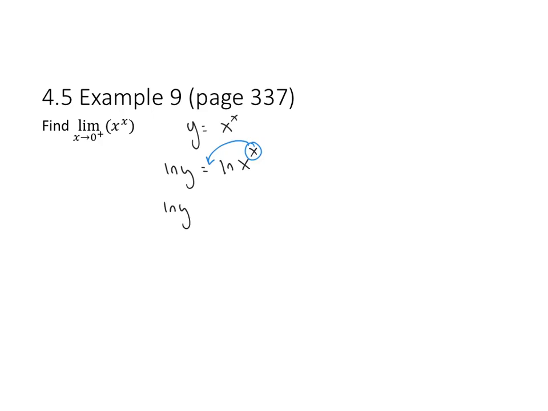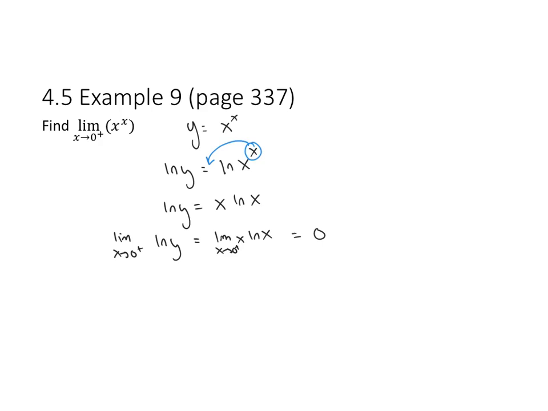So now my equation is the natural log of y equals x times the natural log of x. Now we'll take the limit as x goes to 0 from the right of both sides. And from the earlier work, I know this whole piece is going to equal 0.